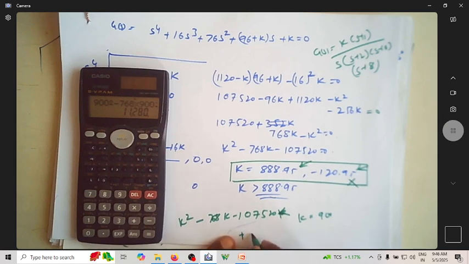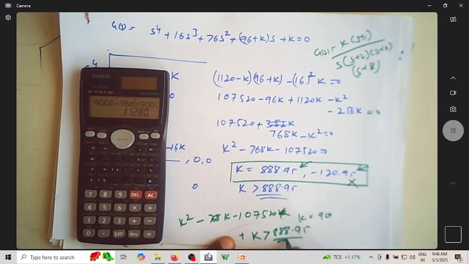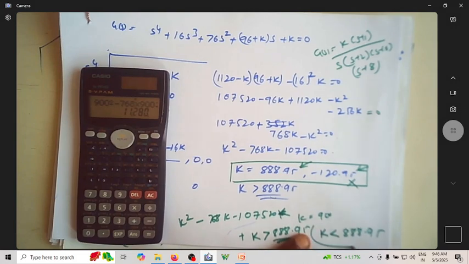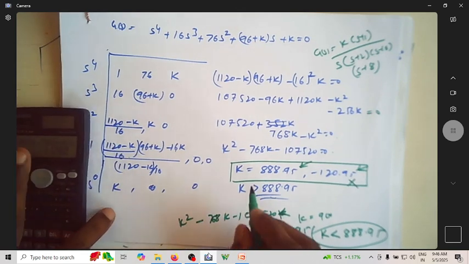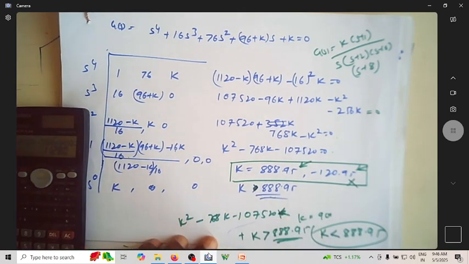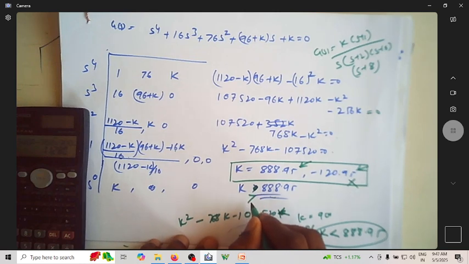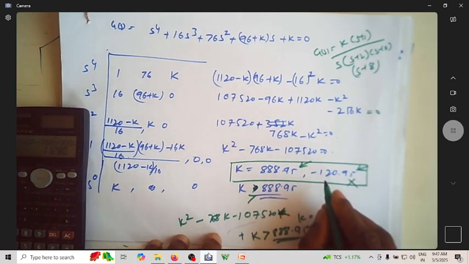So for any value of k greater than 888.95, the system is stable. But for any value of k less than 888.95, this will become negative, two sign changes. So for the system to be stable, the k value should be greater than 888.95.